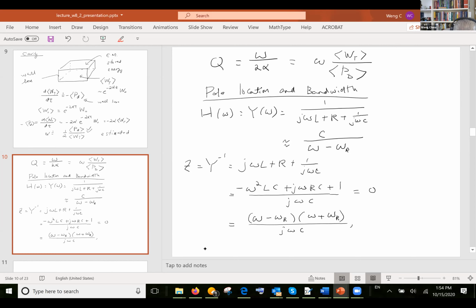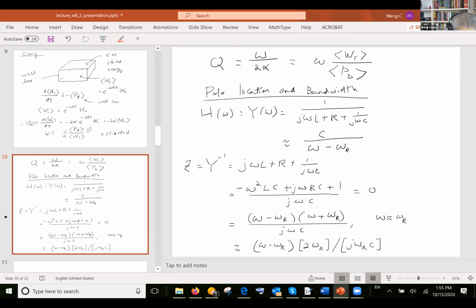And in the vicinity of the pole, say we are very interested in omega being very close to the resonant frequency, or being one of the pole locations, then you can say that this is approximately equal to omega minus omega r. And then here you can replace with a 2 omega r, because you're in the vicinity. So omega is very close to that, and only this one would vary very rapidly, okay? And then you have j omega r C. So essentially it's approximately a constant, okay?